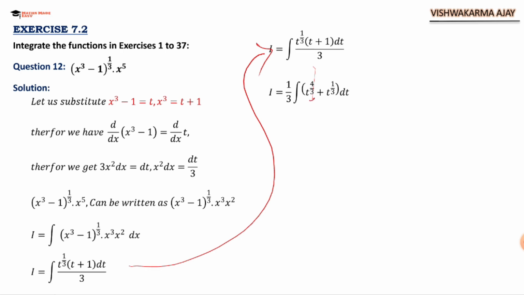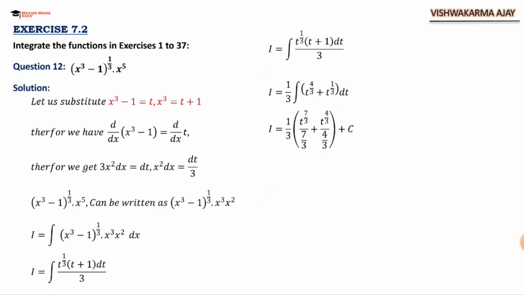So we have 4 by 3, we have 1 by 3 inside the bracket. Now just a basic formula of integral, that is x to the power n can be written as x to the power (n plus 1) upon (n plus 1) plus c. And don't forget to resubstitute the value of t. Let's move to the next one.